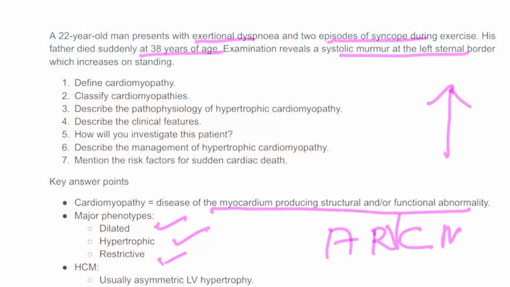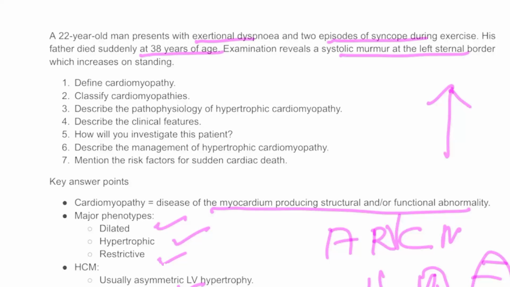Hypertrophic cardiomyopathy usually is an asymmetrical left ventricular hypertrophy. The septum is hypertrophied predominantly, and the LV cavity is small. When the muscles are thickened, there is diastolic dysfunction.